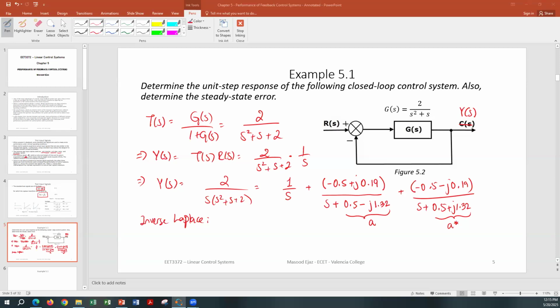All right. When we take inverse Laplace transform, anybody remember? Well, the first one is easy. Anybody remember for the complex part? What do we do with the complex conjugate fractions? What is the inverse Laplace of those?